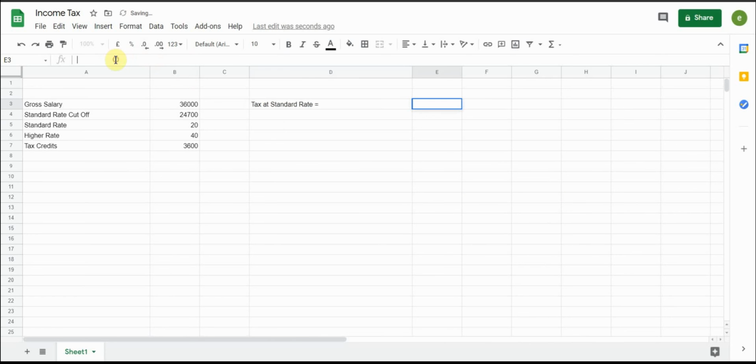And in here, I'm going to put in equals. Now, it's 20%, so it's that divided by, so we can use our forward slash for that, 100. And that's 20%.